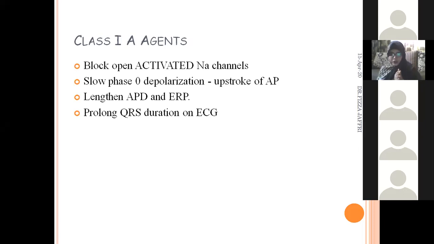As I told you earlier, the effective refractory period runs from phase 0 to phase 4, like phase 0, 1, 2, 3, and 4. This is the absolute refractory period. It prolongs the QRS duration. The effective refractory period on ECG is represented by the QRS complex, the QRS duration, right?